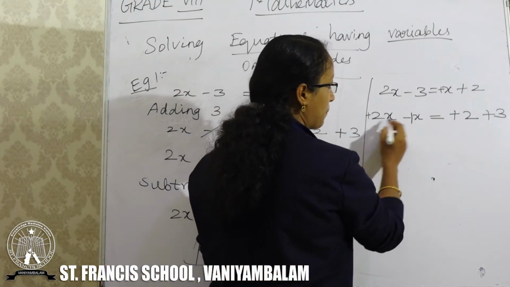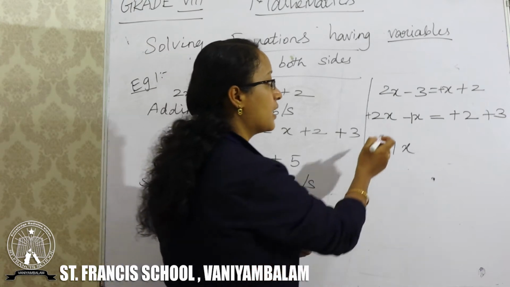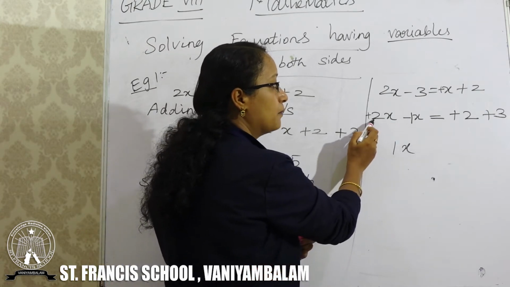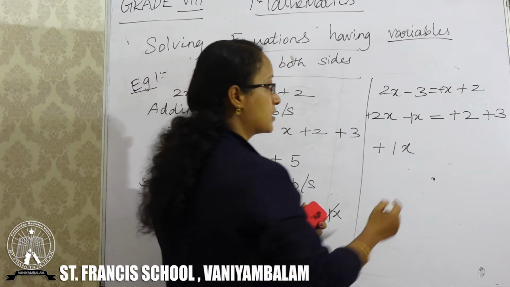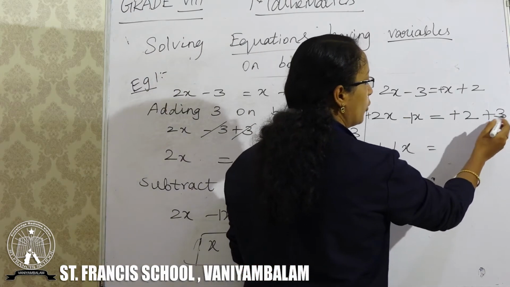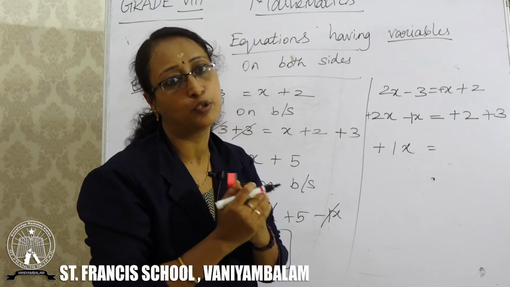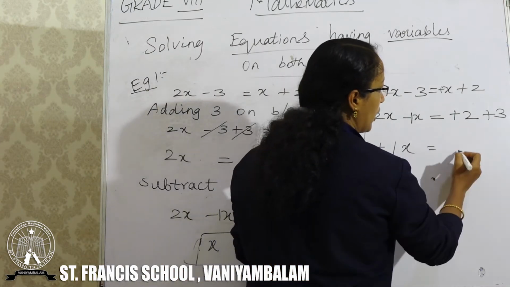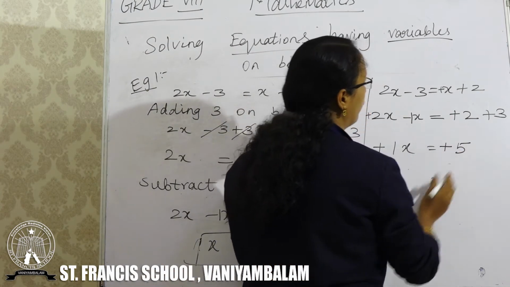So I am going to subtract this. You will get 2 minus 1 is 1, and the greater number's symbol. What is your greater number? 2, and its symbol is plus. So plus 1x is equal to plus 2 plus 3. If the symbols are the same, add and put the greater number's symbol. Adding this, you will get 5.